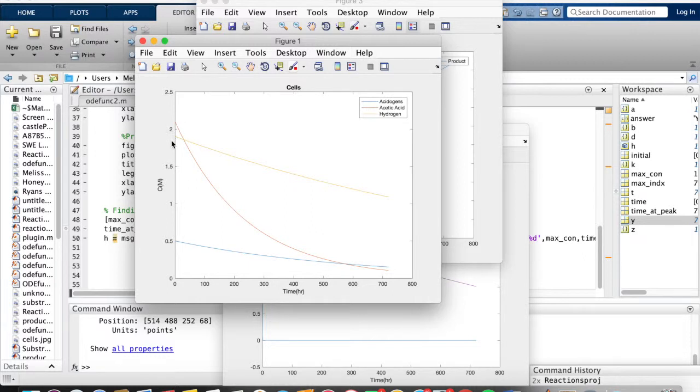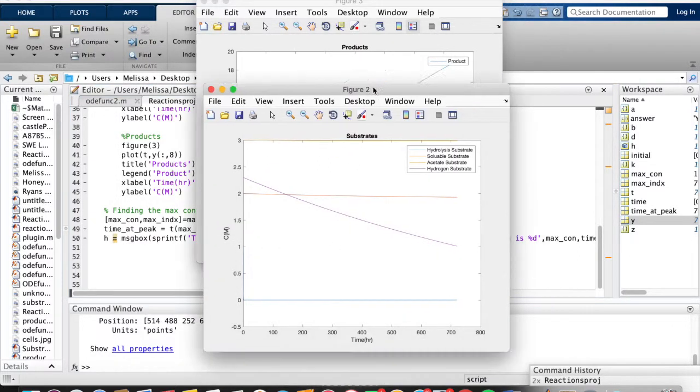So we can see here that the hydrogen and the acetogens lines are pretty similar, but we have the acetic acid line here that is going pretty quickly compared to the other two. This is because the conversion of organic acids is very rapid. So that is why the line decreases faster.